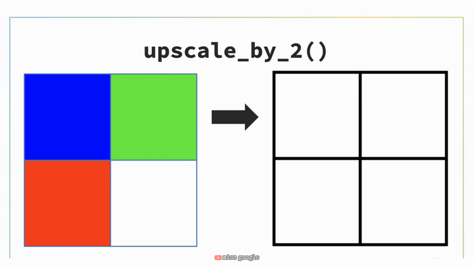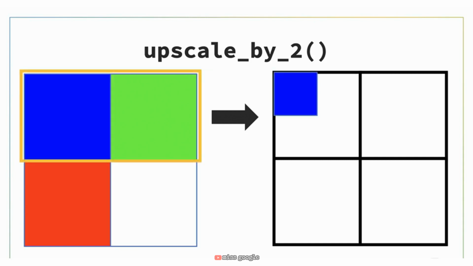The easiest higher resolution pixel is the top left one because it's just a copy of the original pixel. So this pixel alone gives us this smaller pixel. Now the top right pixel is the average of the source pixel and its right neighbor. So these two produce this one.